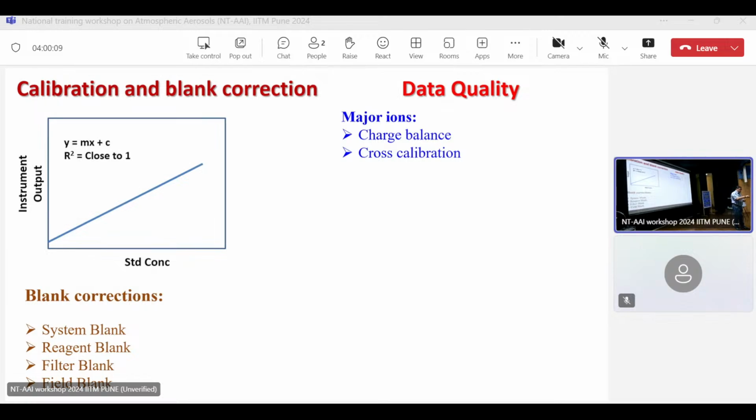Now I can use the same for sodium also. So from this I know chloride is correct, which means the corresponding sodium should also be correct. If I run that sodium on lab-made standards and sodium is coming properly, that means in a way, using one standard only, I am cross calibrating that whatever analysis we are doing is correct.